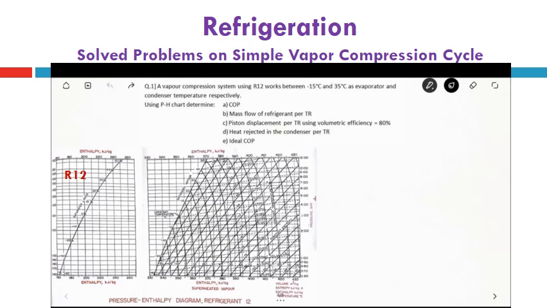Using pH diagram, you are required to estimate: A, the COP; B, the mass flow rate of refrigerant per ton; C, piston displacement per ton using volumetric efficiency 80% for the compressor; D, heat rejected in the condenser per ton; E, the ideal COP based on Carnot cycle.